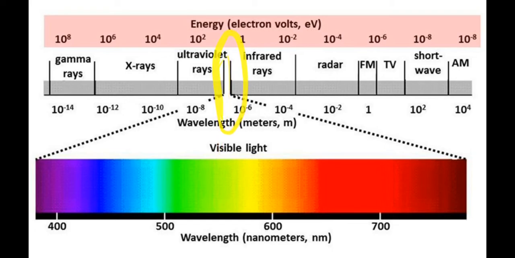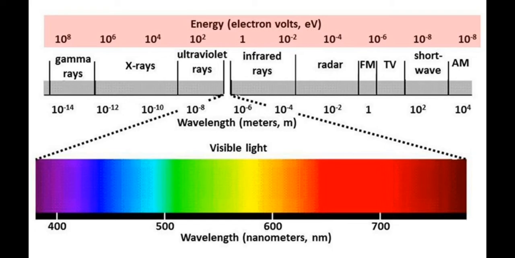As I said, it is a very narrow area of the whole frequency range of electromagnetic waves, and we can distinguish ultraviolet rays, X-rays, and gamma rays. Gamma rays have very, very short wavelengths, very high frequency, and very high energy.